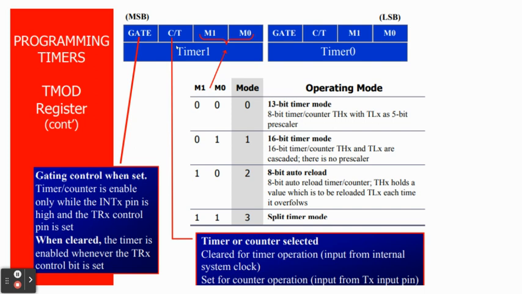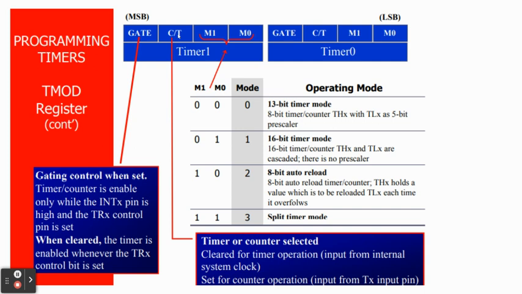Now, on the other hand, for C or T, this determines whether the timer will be used as a counter or as a timer. If you want to use it as a timer, then you have to put the C slash T value to 0. So we have to clear the C slash T or make this 0 so that we know that we will be using it as a timer.